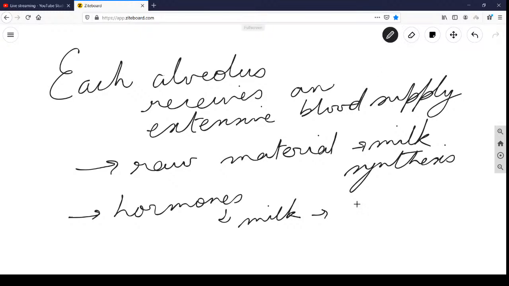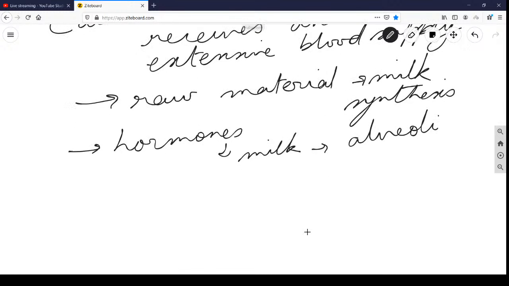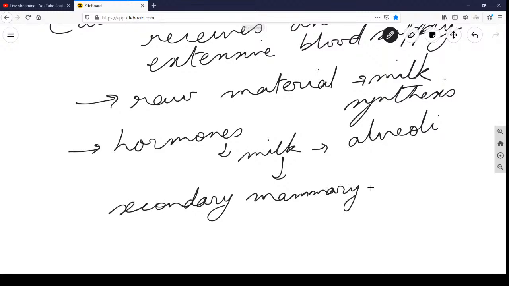One mark question: the alveoli present in the lobules produce milk, which then enters the secondary mammary tubules. The secondary mammary tubules from each lobe join to form a mammary duct, which then empties into a wider mammary ampulla where the milk is stored.